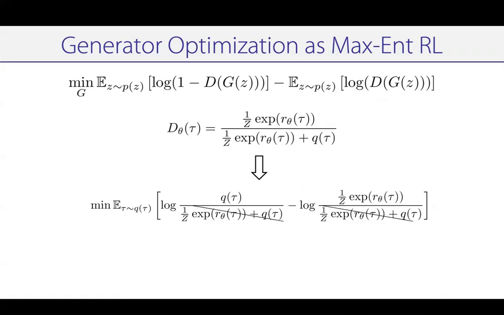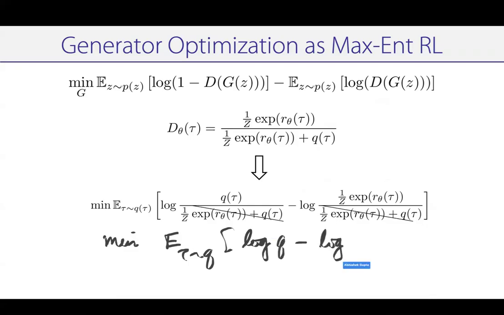Now some things will cancel out, right? The denominators are the same, so they cancel out. And what you get out is this objective. I skipped a step. So let's say you have min over Q of the expectation over trajectories from Q, of log Q minus log of (1 over Z times exp R), right?